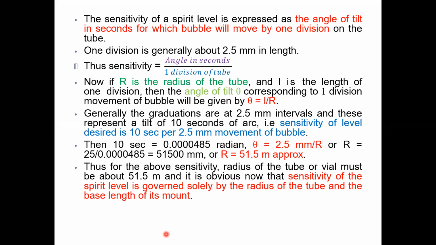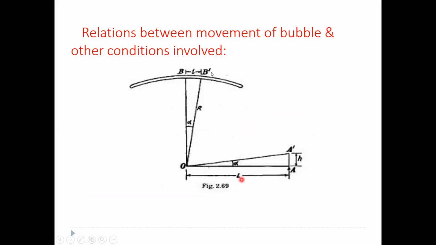The angle in seconds required to move the bubble through one division, that is the sensitivity. Right? Here, in this case, one formula is there, that is sin theta equals, with two formulas. In the next slide, we will see the geometry.